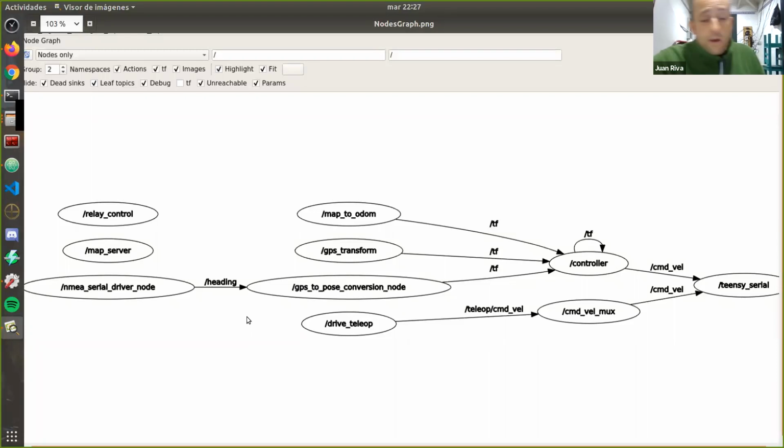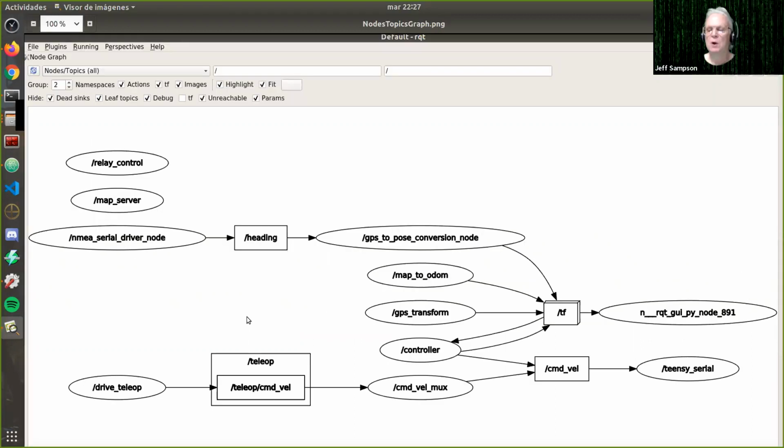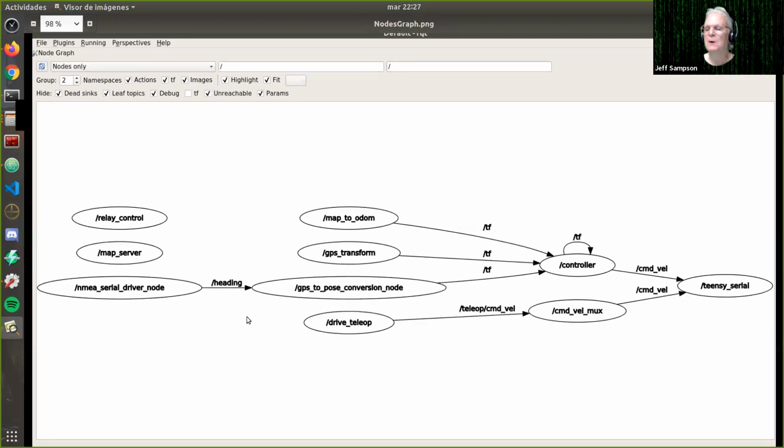One of the things is that I'm not sure what I need to be seeing here and what is fine and what is wrong. Let me show you. If you can go back to that page a second. On the right, where you've got two command velocities going into the TNC serial, that is a problem.